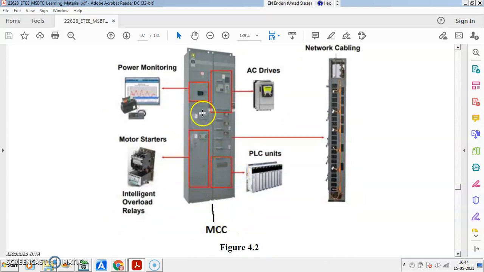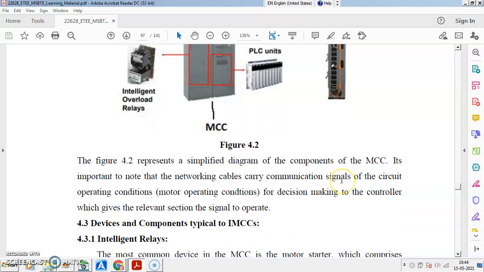So IMCC combines the power monitoring unit, AC drives, DC drives, PLC, programmable logic control unit, motor starters with intelligent relaying system, overload relay or other relays, and you have the interfacing with network.